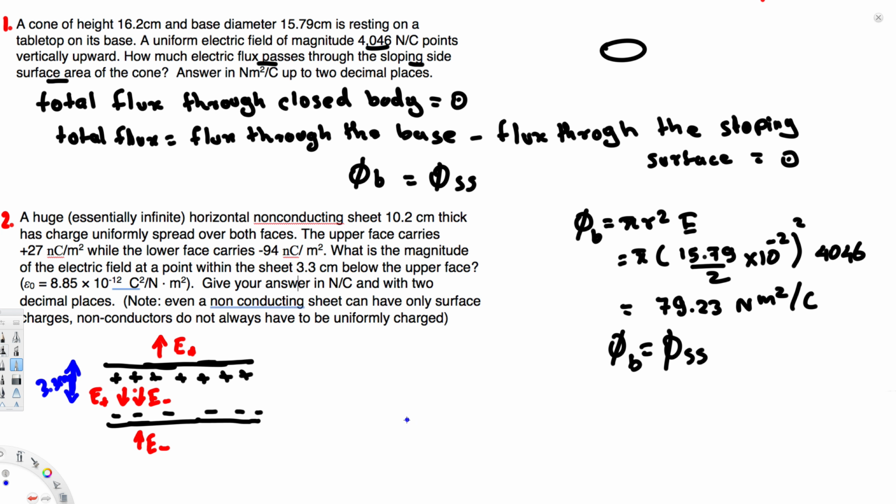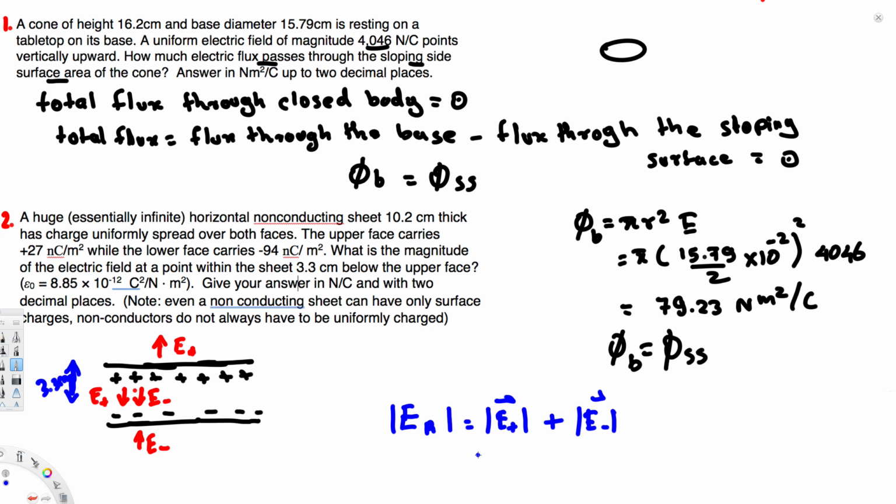Now let's look at the equation. Since we are trying to find the magnitude at a certain location, E_R is going to be equivalent to the magnitude of E plus, the electric field of the positive charge, plus E minus, the electric field of the negative charge.